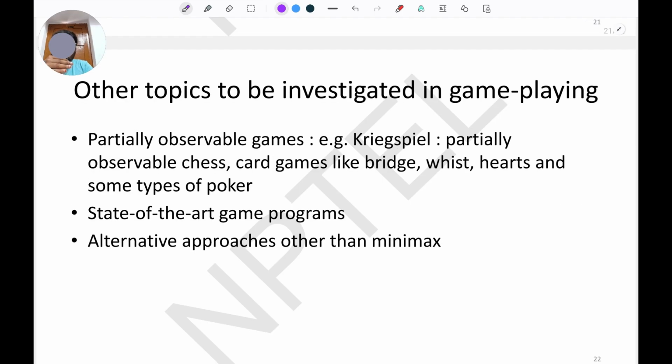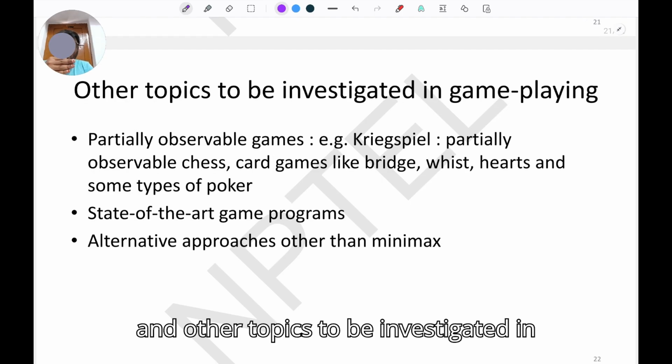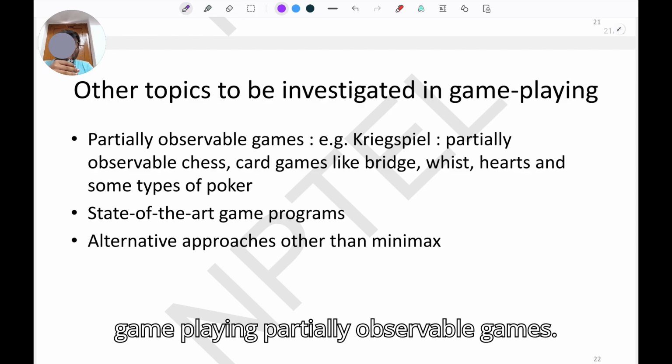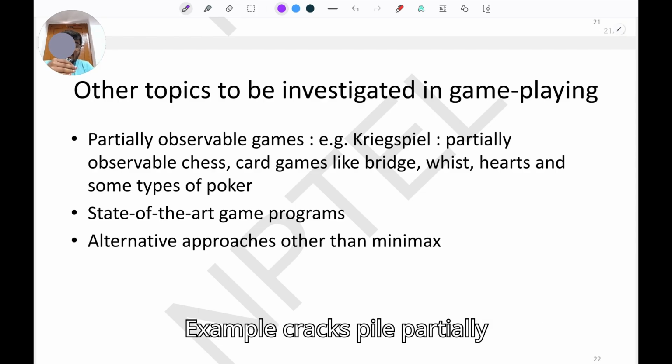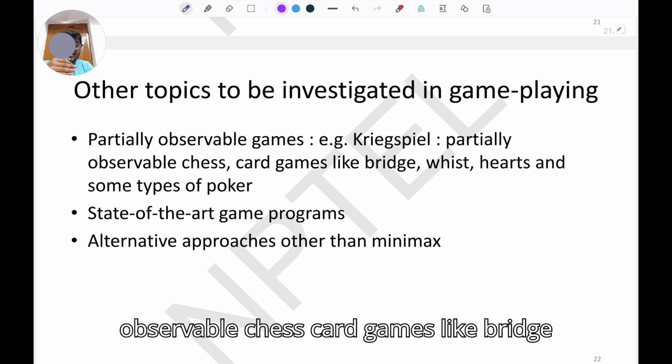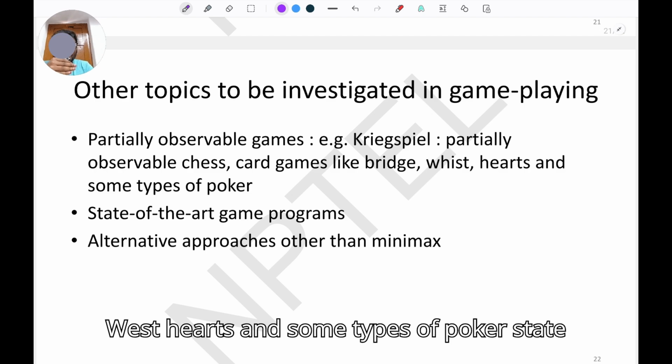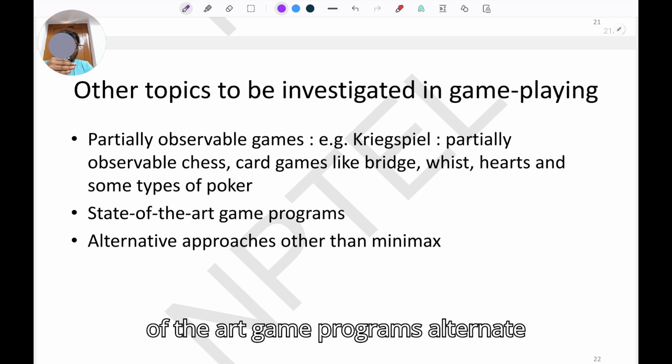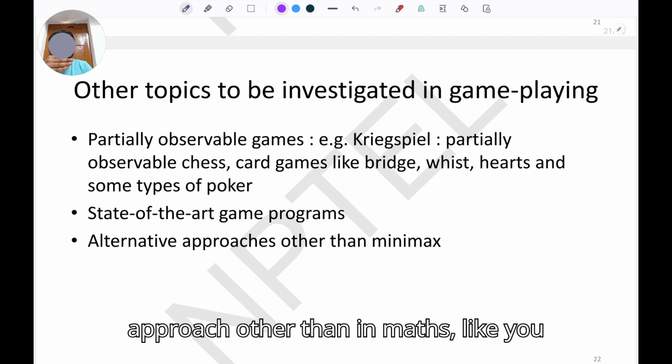Other topics to be investigated in game playing: partially observable games, for example Kriegspiel, partially observable chess, and card games like bridge, hearts, and some types of poker; state-of-the-art game programs; and alternative approaches other than Minimax.